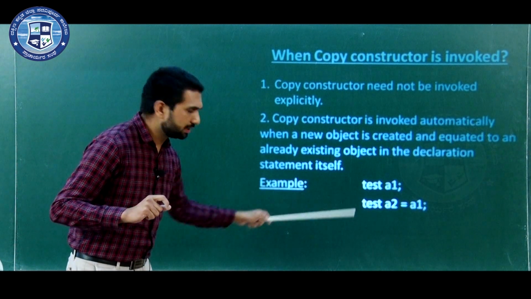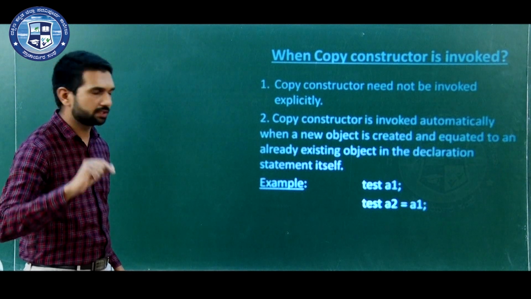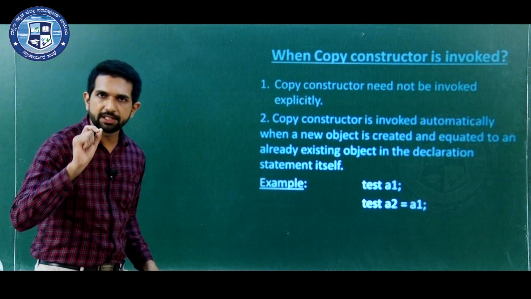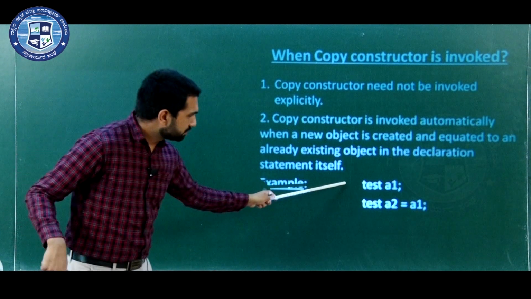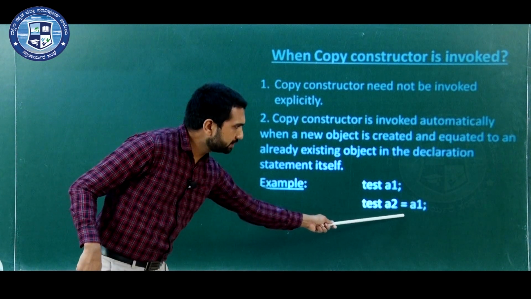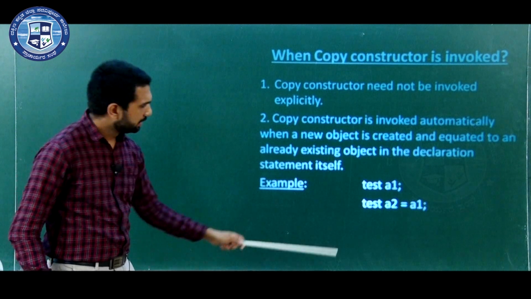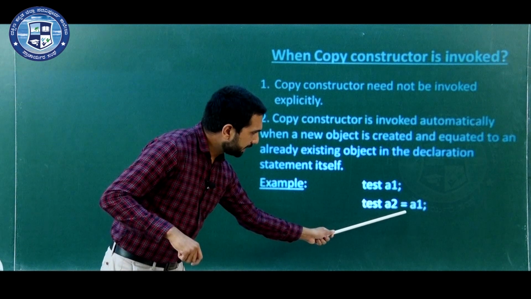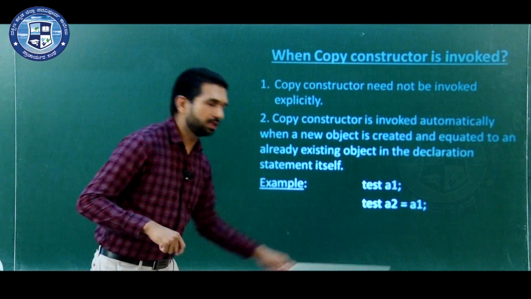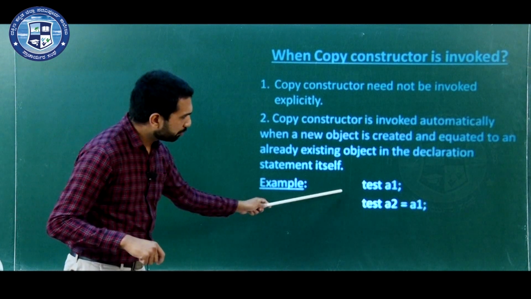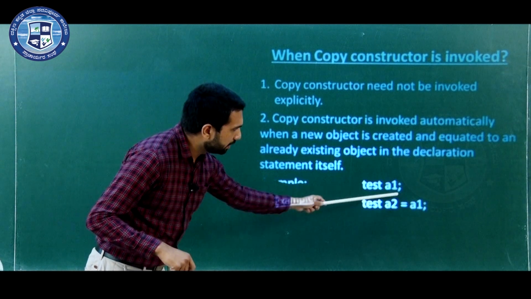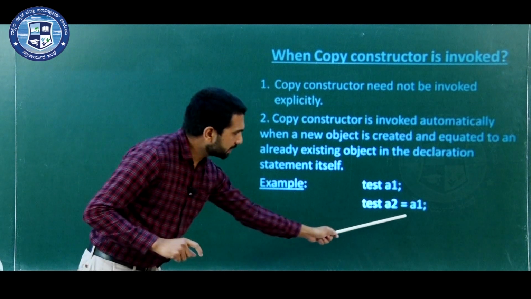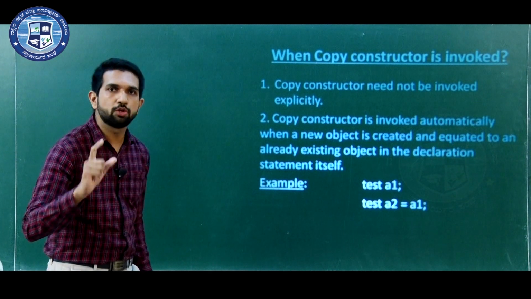Whatever sentence is present here, that related example we can see here. Test A1, this is the creation of the first object. Just imagine Test is a class name and A1 is the object name, which is followed by Test A2 = A1. What does it indicate? Test A2 means creation of the second object, followed by the assignment operator and A1. That means whatever value is present in object A1, those values can be passed to object A2.